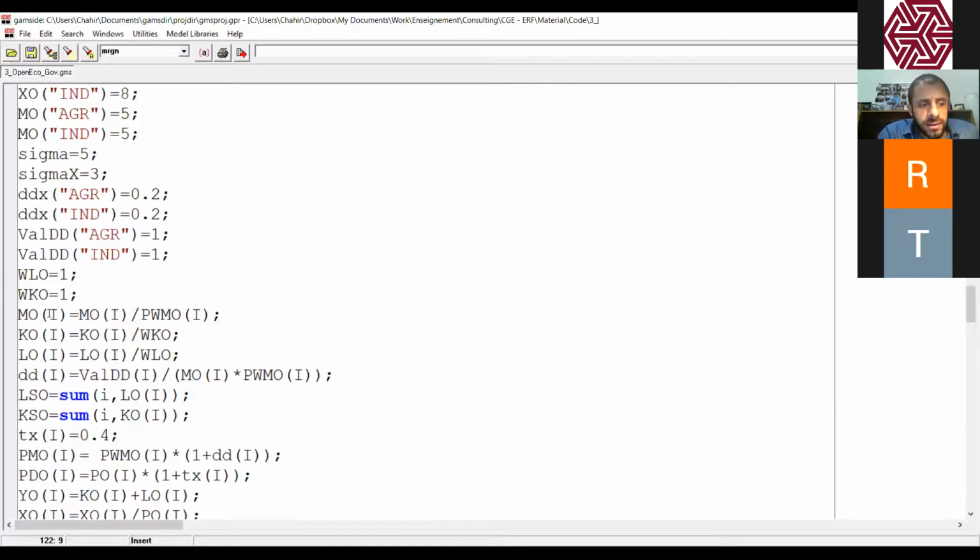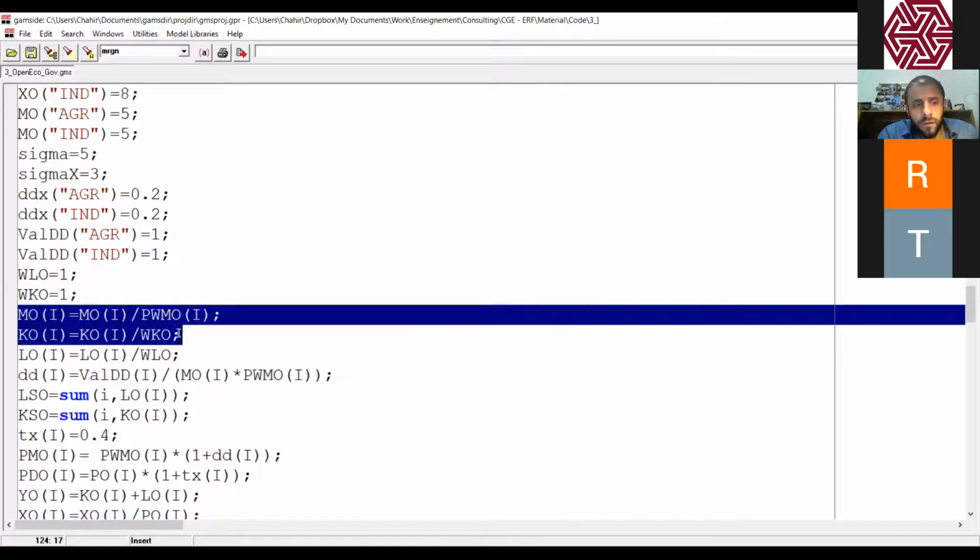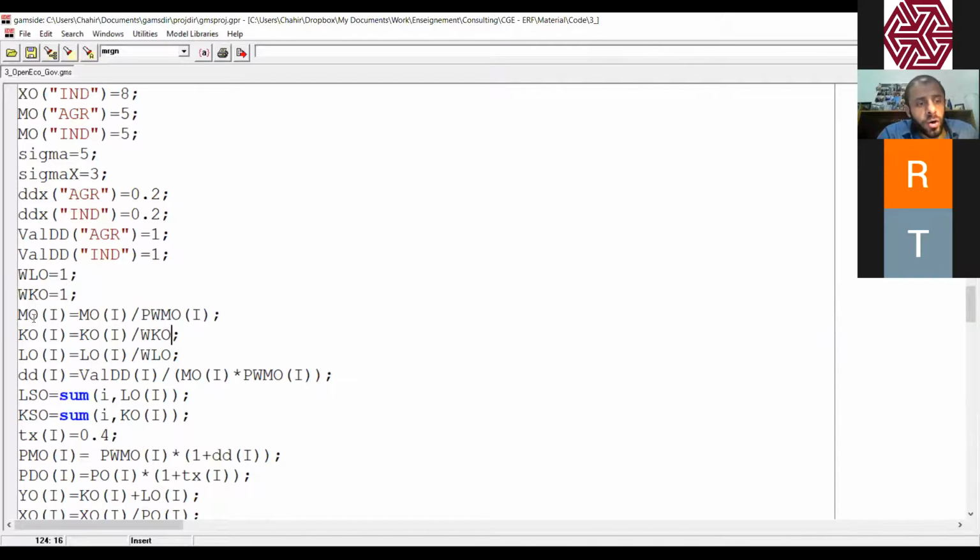And then starting this part, we start converting values into quantities. So in order to calculate the quantity of imports, we have to divide the value of imports that we get from the SAM by its price. We do this the same for capital, for labor. Here we're converting everything from values to quantities.